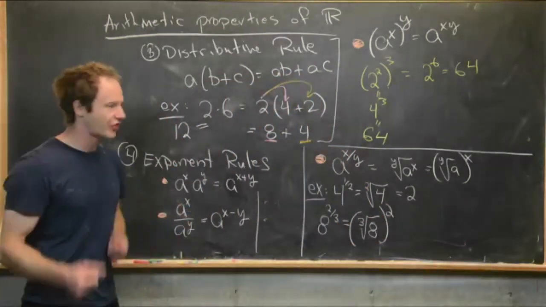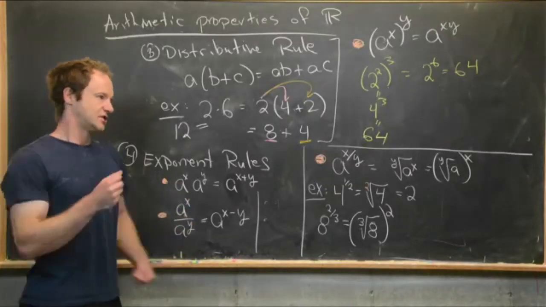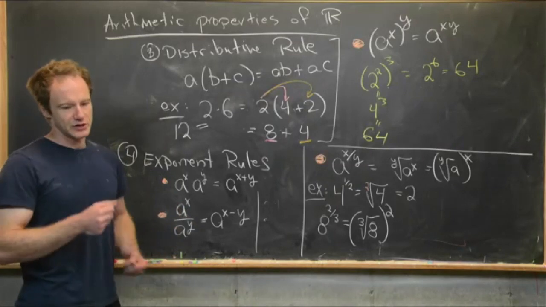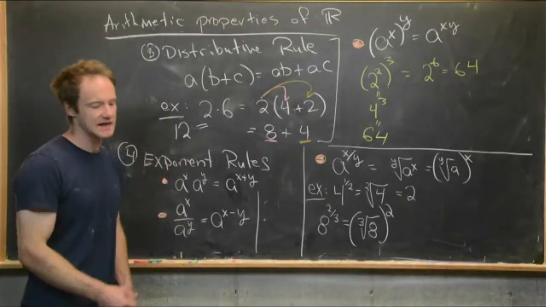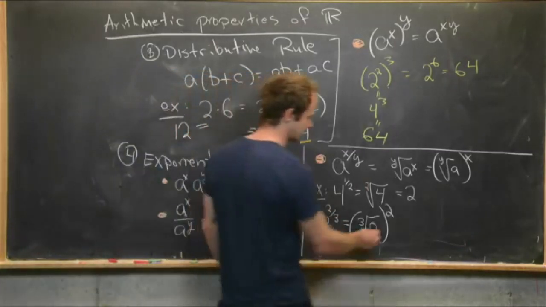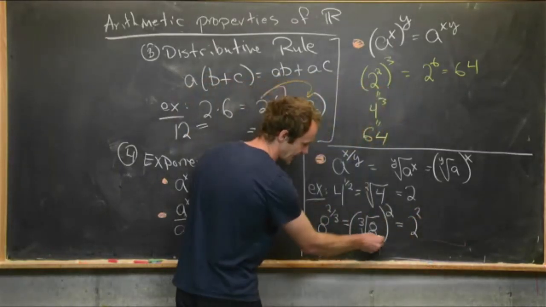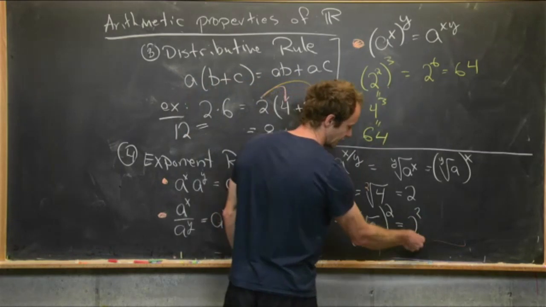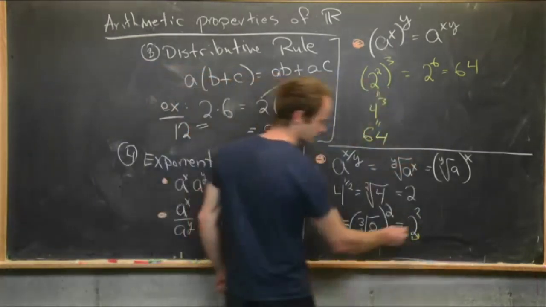The third root is the special number so that when you multiply it by itself 3 times in total, you get 8. Notice 2 times 2 times 2 is 8, so the cube root of 8 is equal to 2. So this is going to be 2 squared. I replaced this cube root of 8 with 2 because that is the cube root of 8. And then you take 2 squared and you get 4.